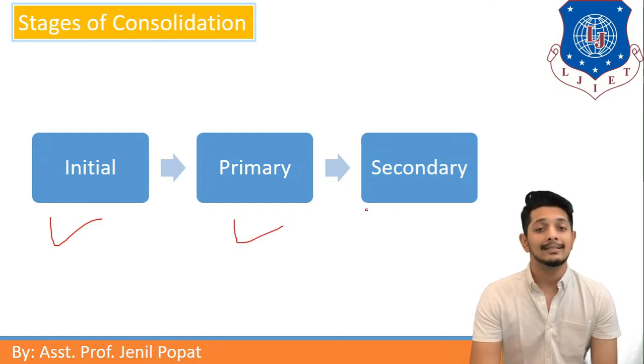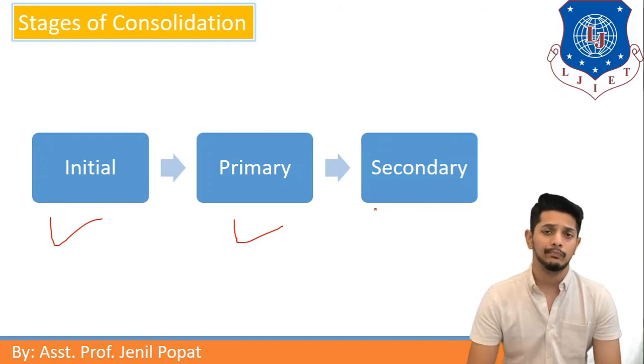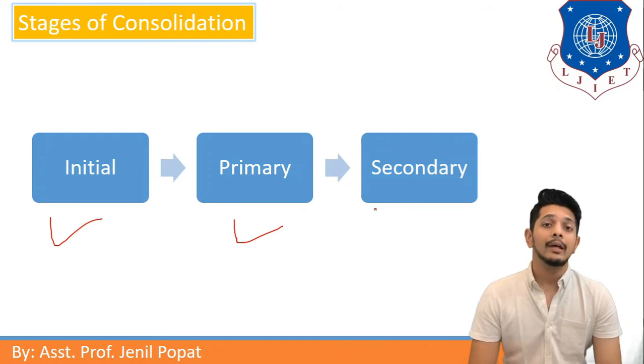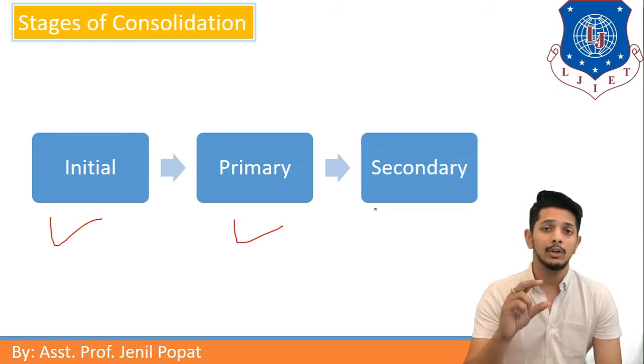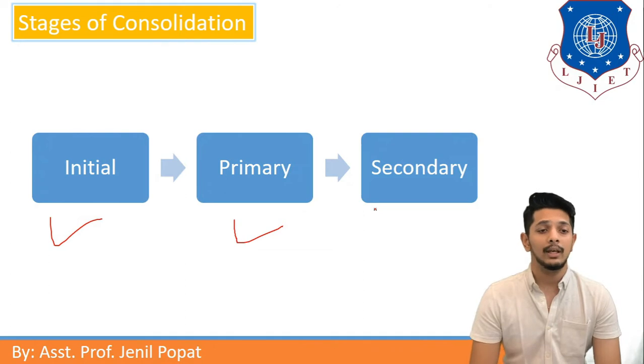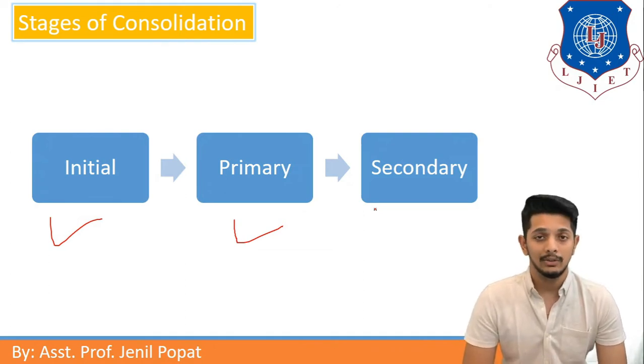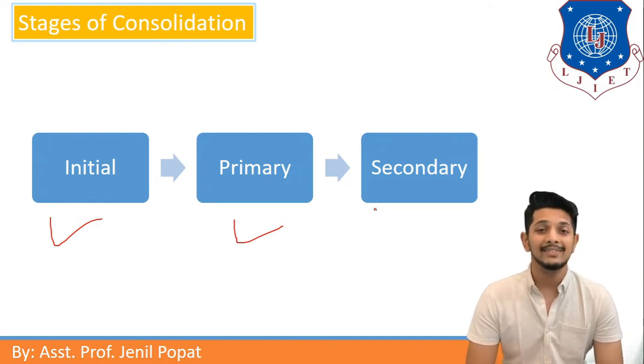In secondary consolidation, the reduction in volume of soil mass continues at a slower rate, and after expulsion of air voids or after primary consolidation, further decrease in volume of soil mass is known as secondary consolidation or creep settlement.